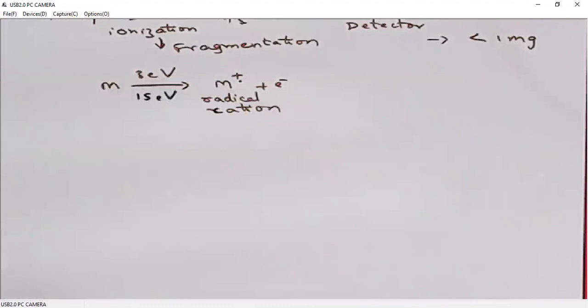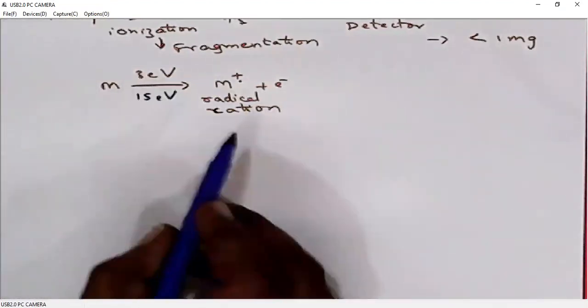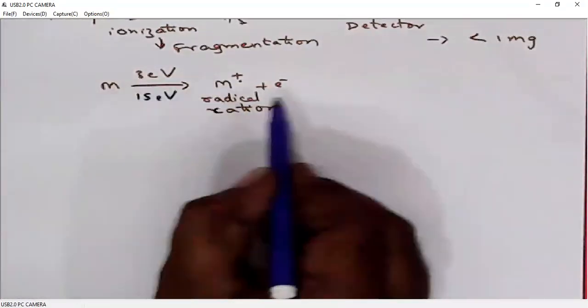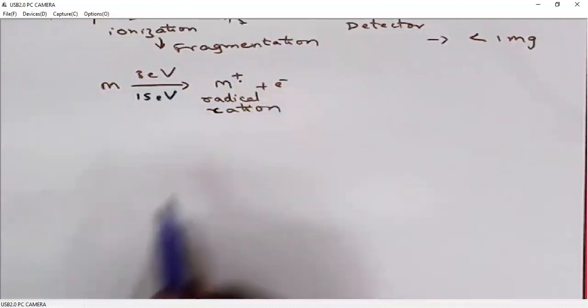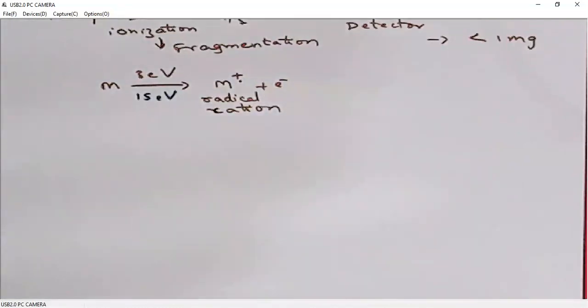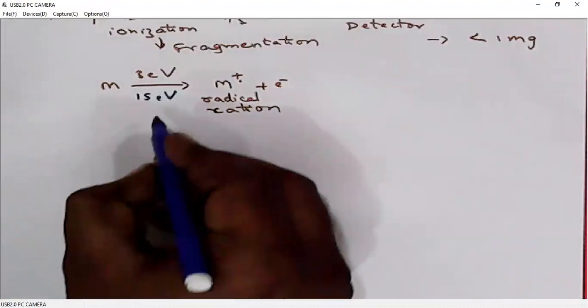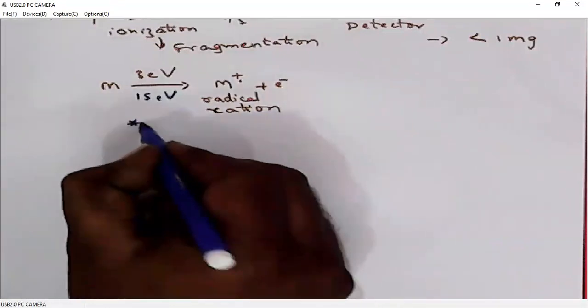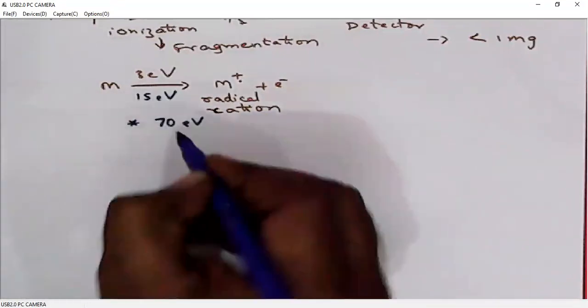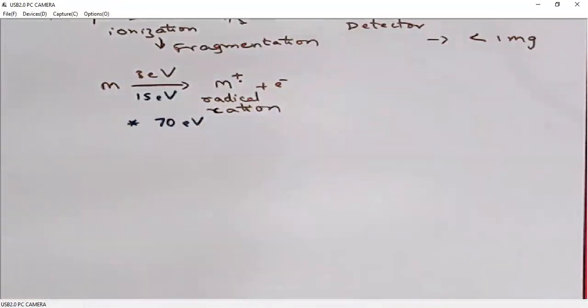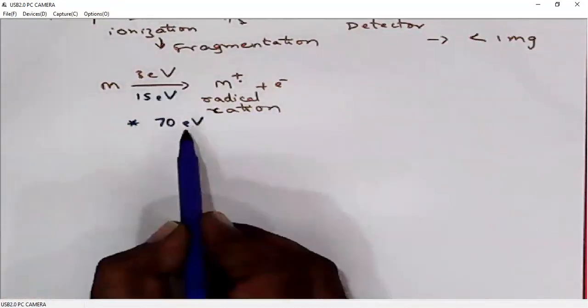When you supply 15 electron volts, I'm sure all the molecules will release one electron, so that they will generate radical cations. Generally in mass spectrometry, we supply 70 electron volts. Compare 15 and 70. When we supply 70 electron volts, it is a huge amount of energy.